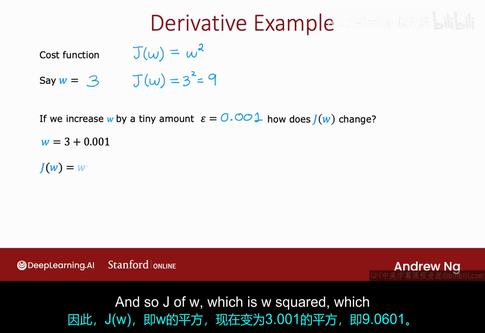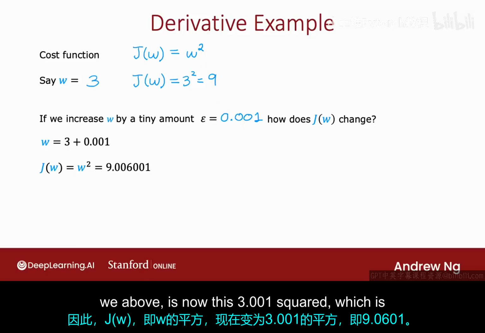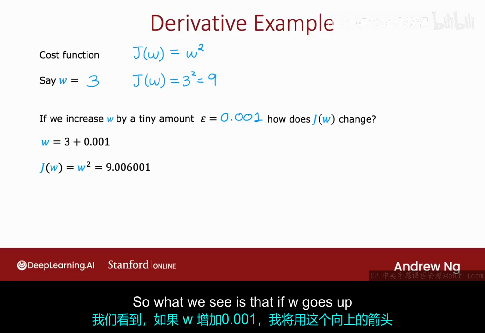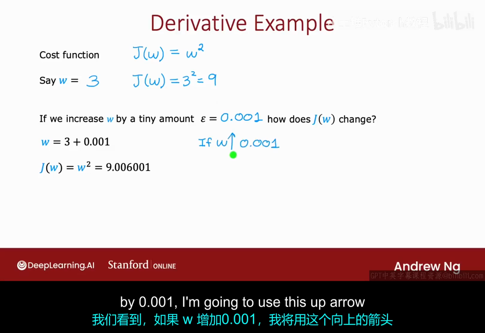And so J(w), which is w squared, is now 3.001 squared, which is 9.006001.